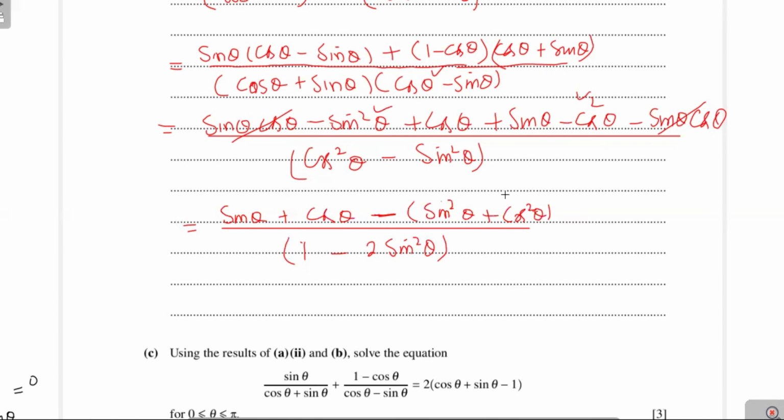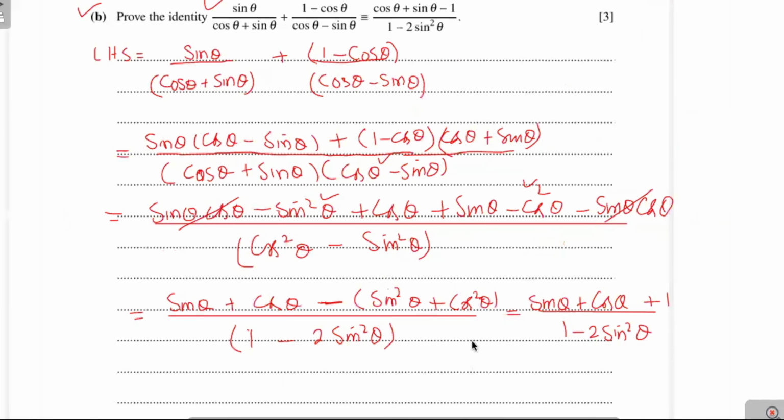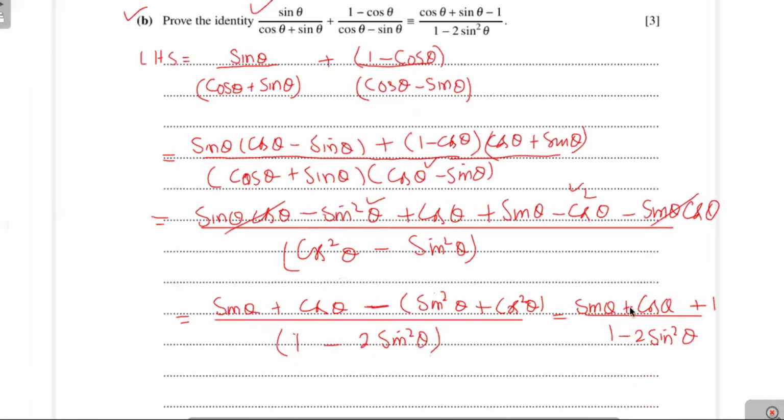Cos square theta minus sin square theta equal to 1 minus 2 sine square theta. Sin square theta plus cos square theta equal to 1 is the identity here, and we write it as 1 minus 2 sine square theta, and this is the right hand side we have to put.